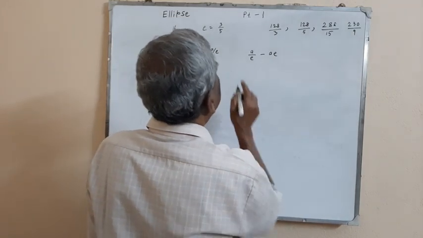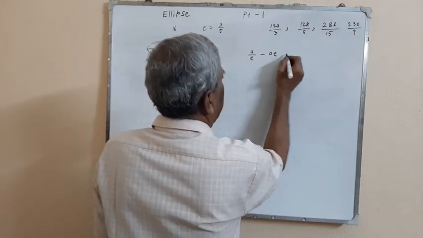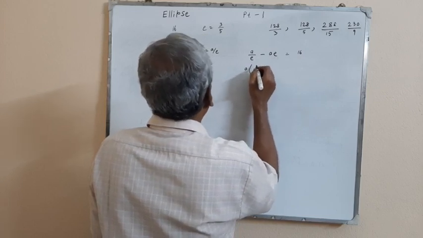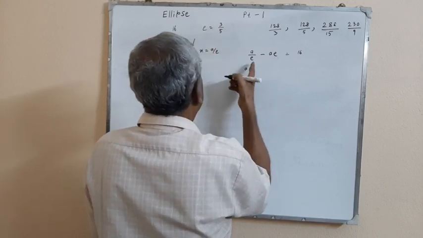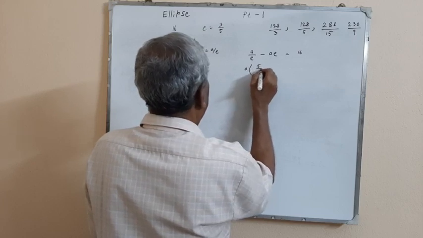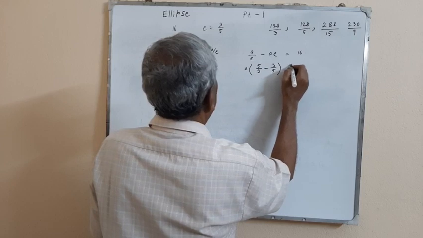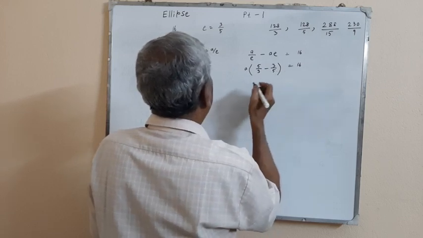Here e is given as 3 by 5, so a into 1 by e, that is 5 by 3, minus 3 by 5, is equal to 16.